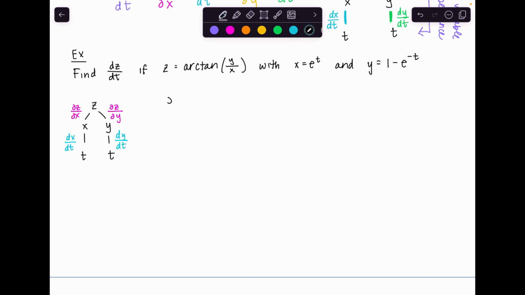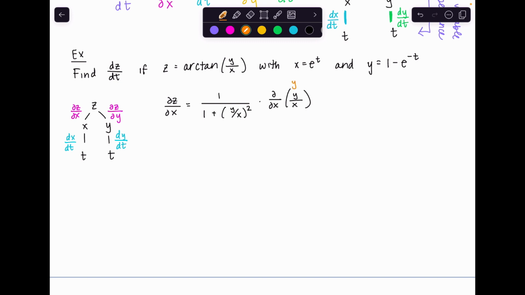So starting with the partial of z with respect to x. Derivative of arctangent is 1 over 1 plus x squared. So in this case with my multivariable, I get 1 over 1 plus this thing squared. And then chain rule, I've got to take the derivative of this thing with respect to x.